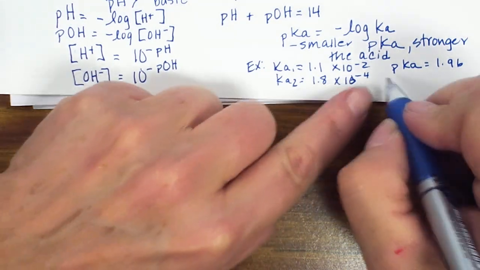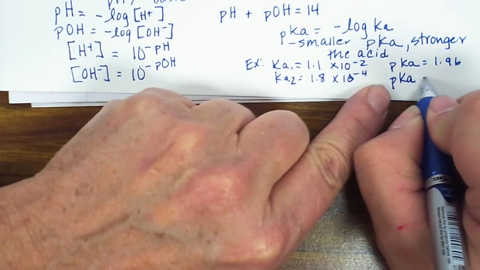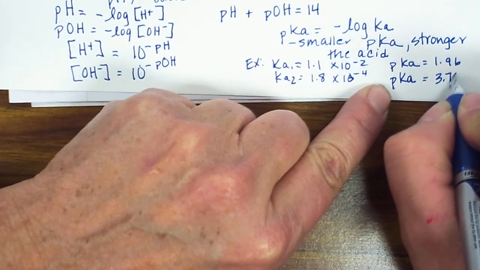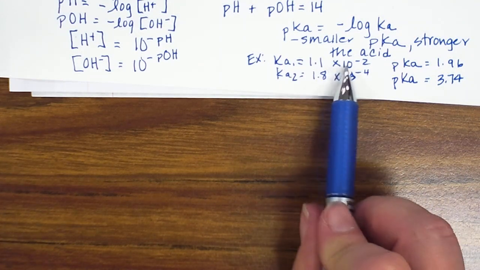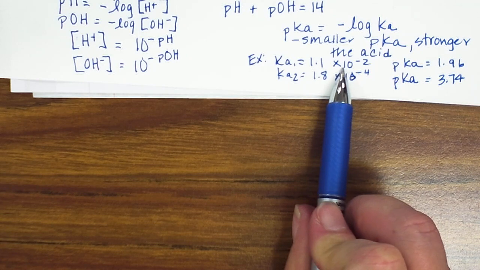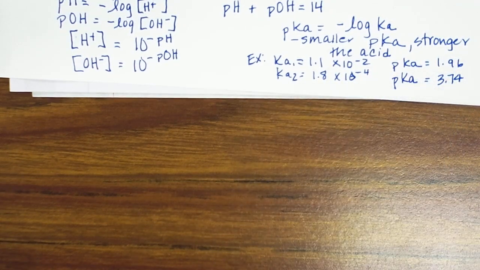So the pKa here is equal to 3.74. The smaller the pKa, the stronger the acid. So the higher the Ka, the smaller the pKa, the stronger the acid.